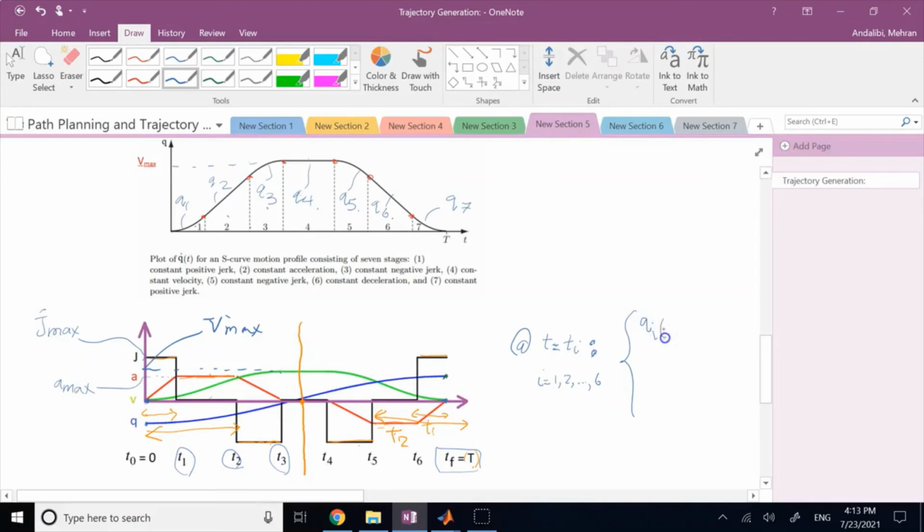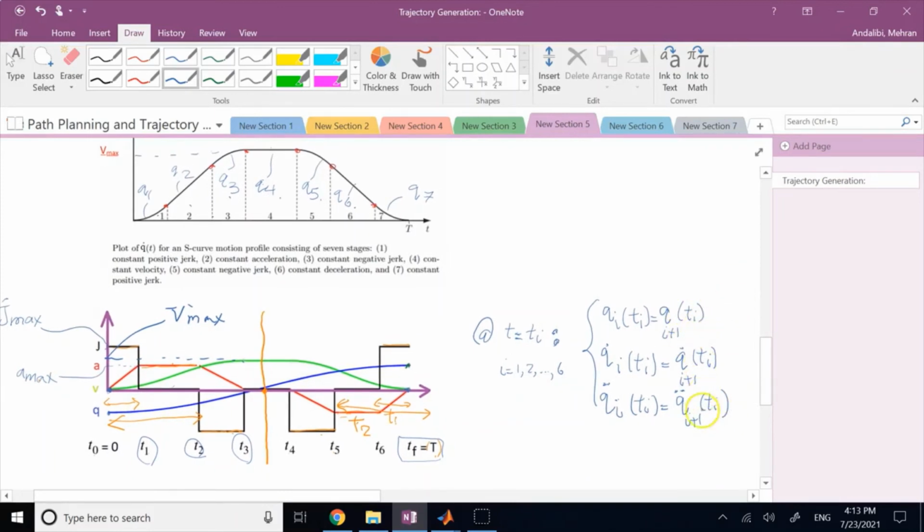Qi at that ti should be the same as Qi plus 1 at that ti. It's the continuity in Q. And then for smoothness at that point, I should have Qi dot at ti equal to Qi plus 1 dot at ti, and then Q double dot i at ti should be the same as Q double dot i plus 1 at that ti.